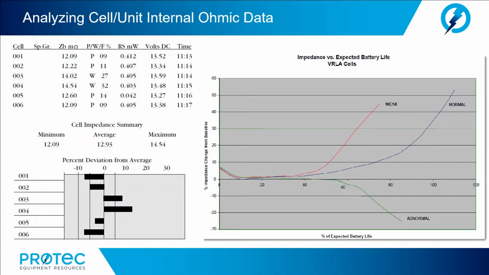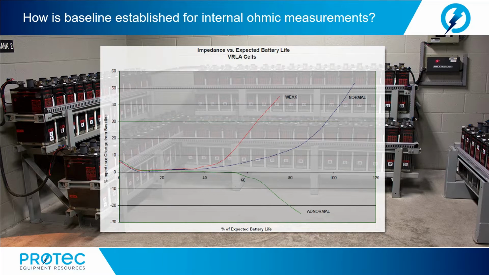Now, if baseline data is available, we can compare a cell's internal ohmic value to the expected ohmic value of a cell of that particular type and brand, which leads us to the establishment of baselines.